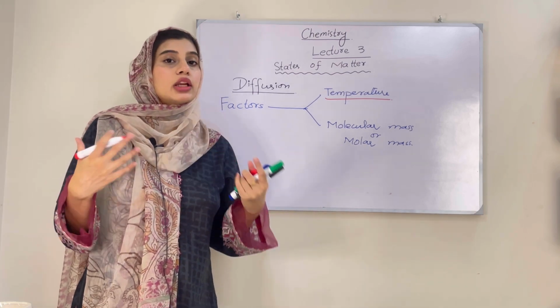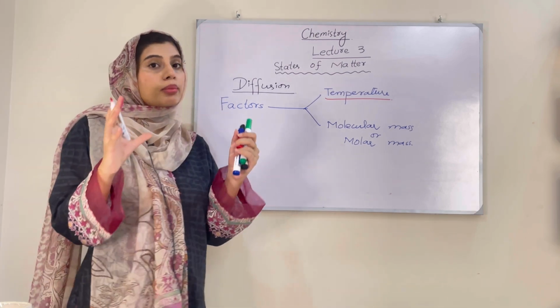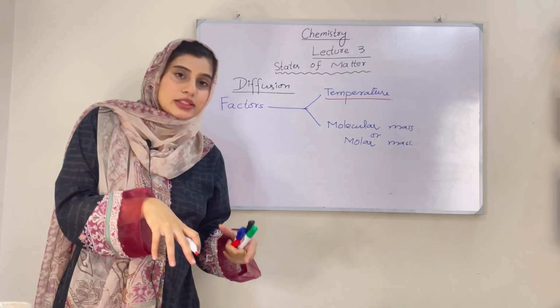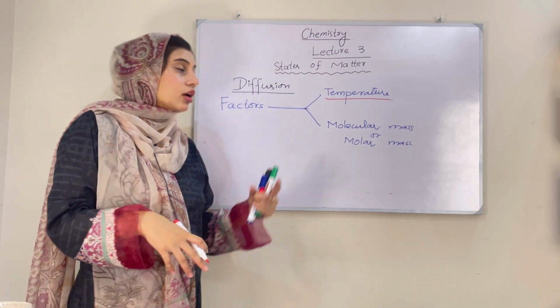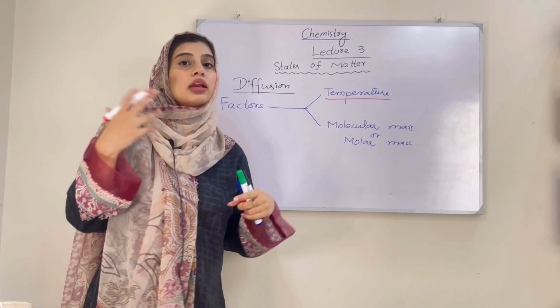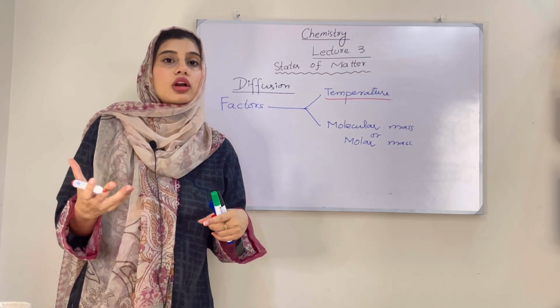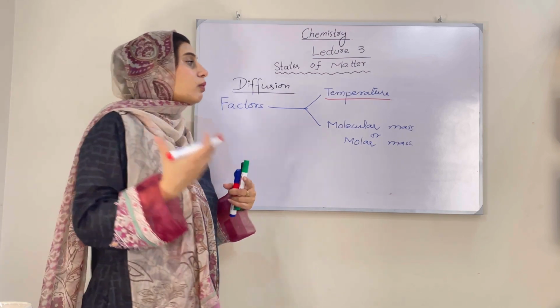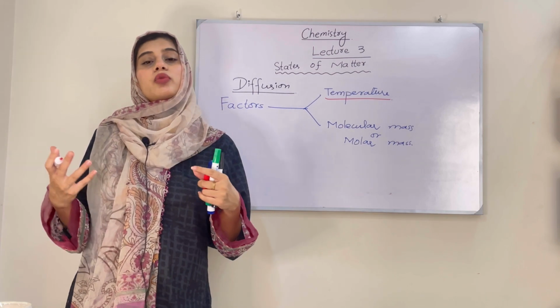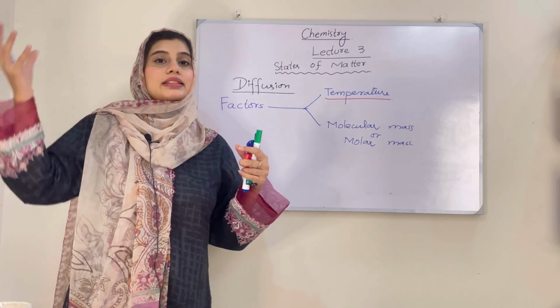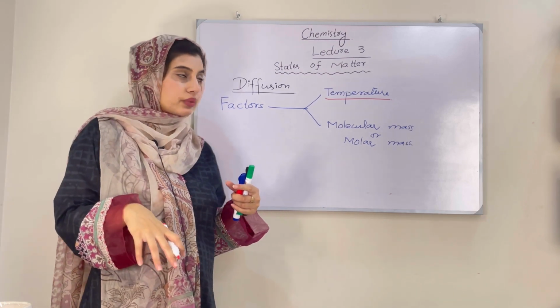And when they're continuously colliding with each other, the probability of mixing something else into that is increasing. So when the temperature is increasing, the motion of the molecules is increasing, and it will provide more spaces to mix something else into it.